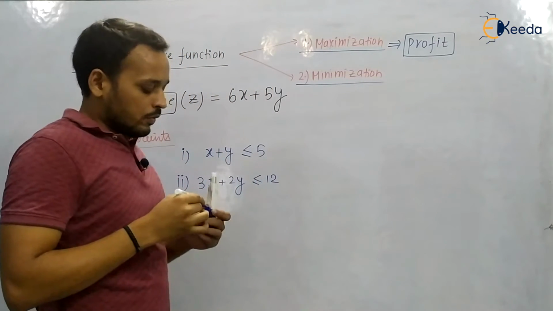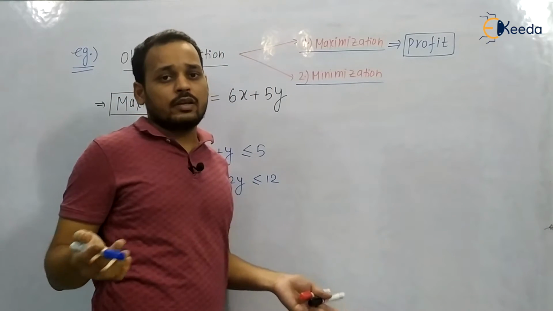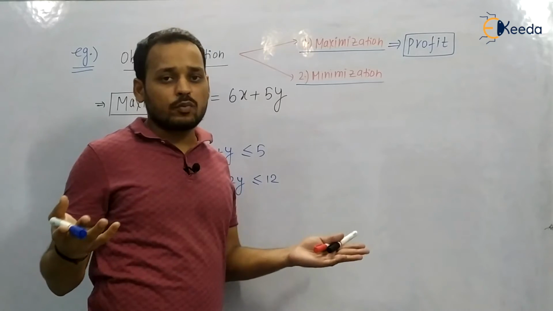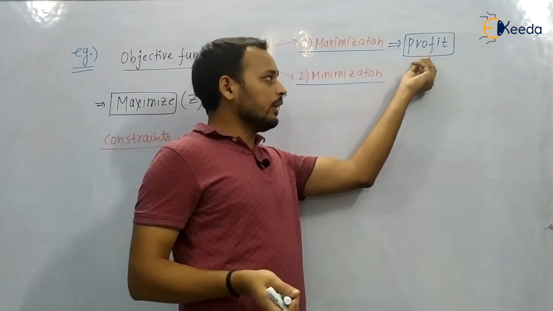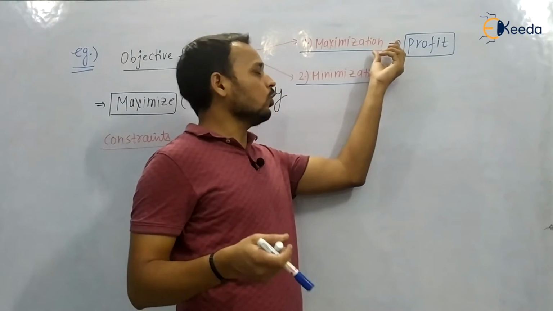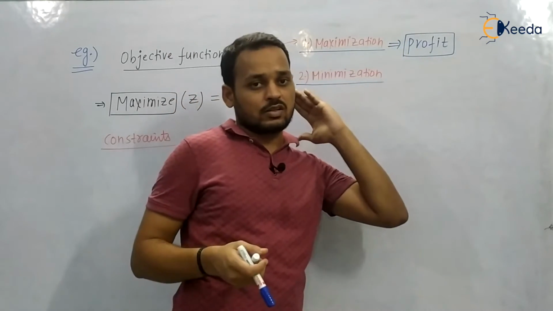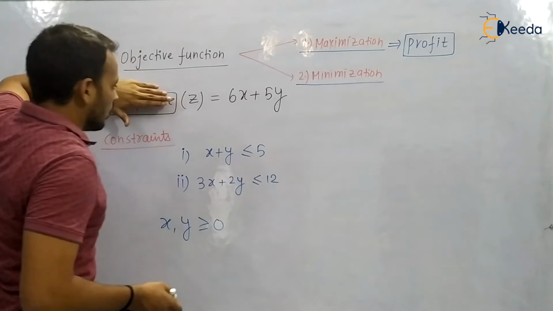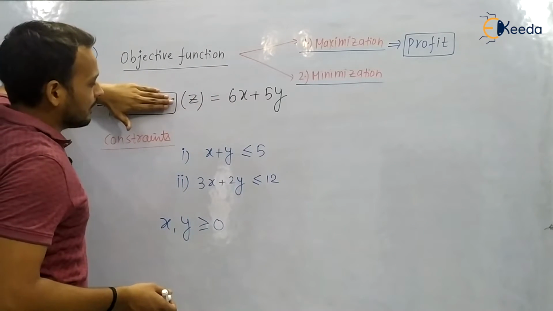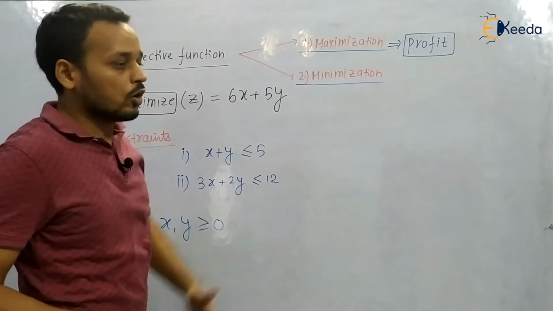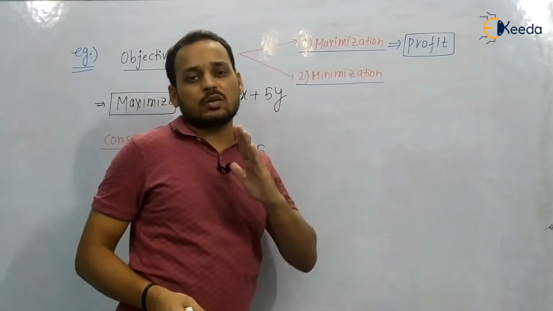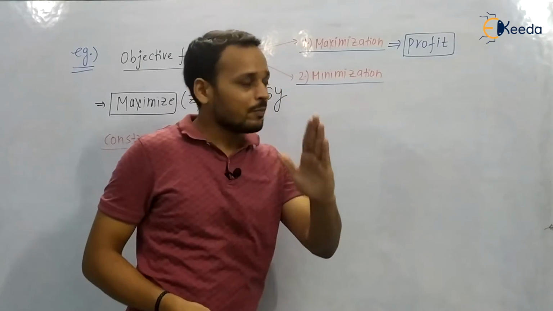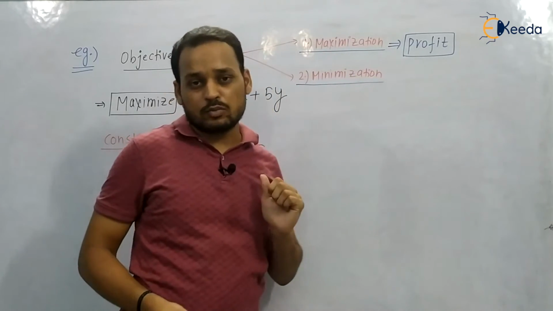We are going to maximize our profit. So whenever the objective function is of profit type, it means you are going to maximize it. Suppose this is not written, and they simply say that profit is going to be your objective function, so you have to think directly that it is a maximization type objective function.